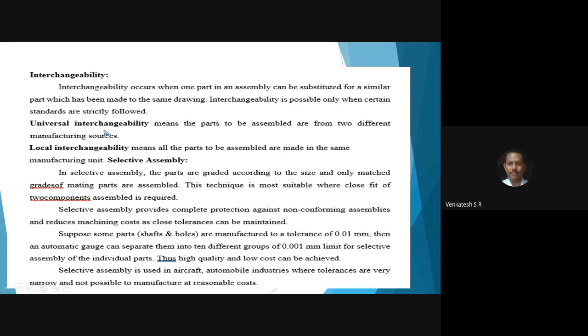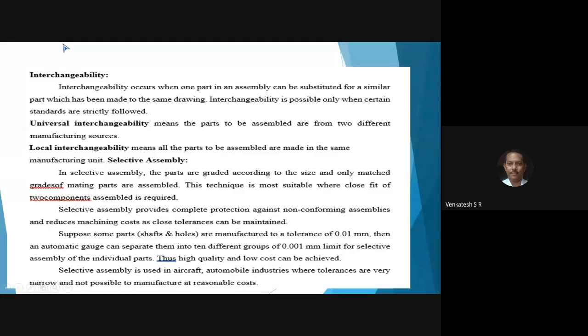Please, all of you, write down the question. Write a note on interchangeability. Many question papers have this question.